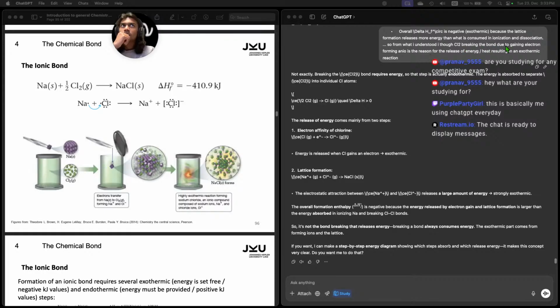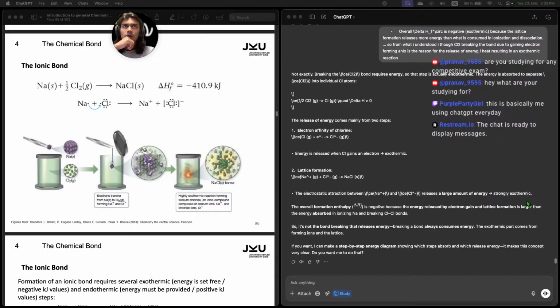Cl2 breaking the bond due to gaining. Okay. Energy is released when chlorine gains an electron. But the electrostatic attraction between Na plus and Cl minus releases a large amount of energy.